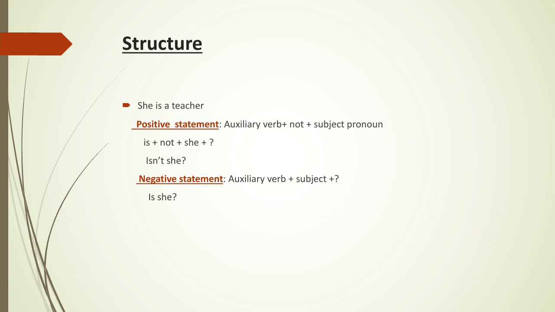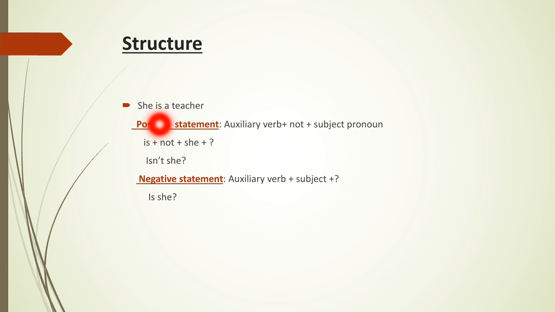So for a positive statement, this kind of structure you have to follow: auxiliary verb plus not plus subject pronoun. Okay, if you see the example, she is a teacher.